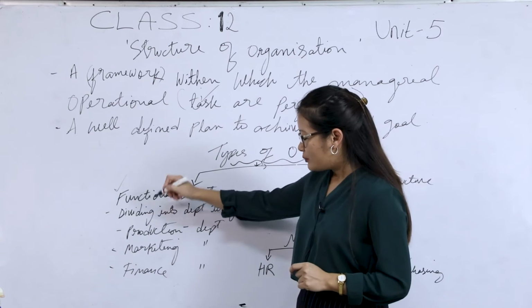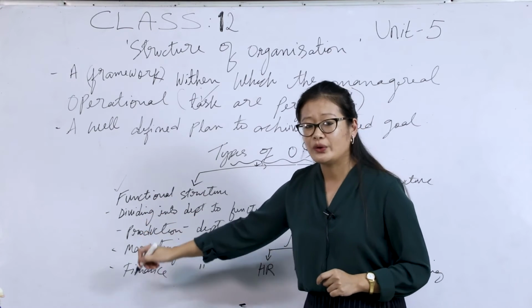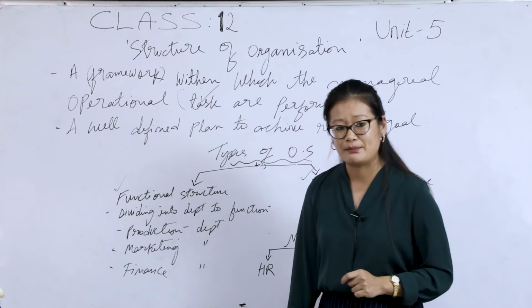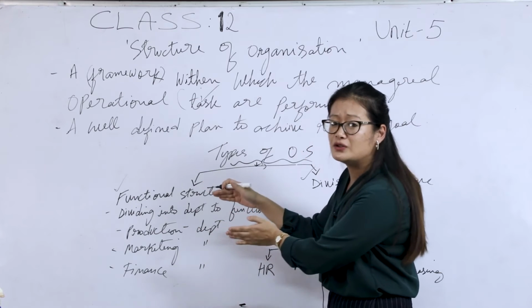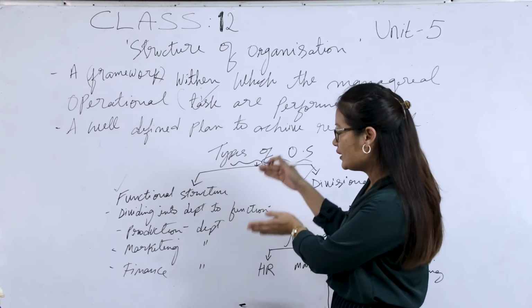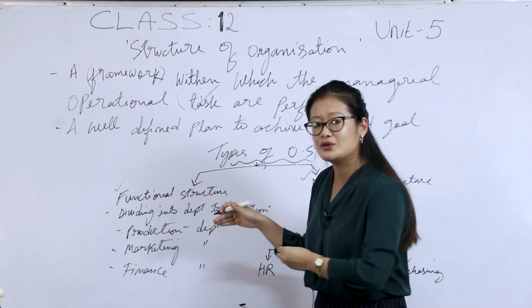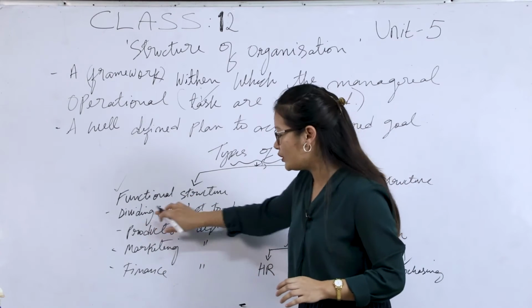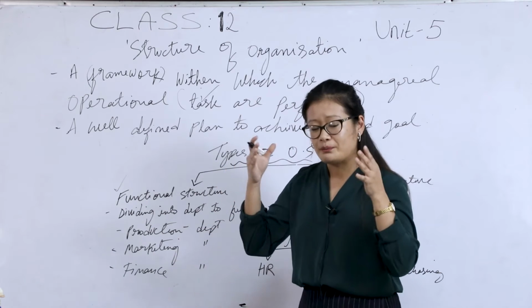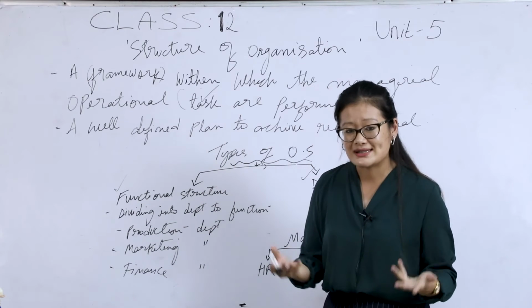So here, the production department cannot go and interfere in the finance department, right? Because they have been separately divided into departments so that nobody interferes in their work, and they are able to just focus on the particular department that they have been assigned to.